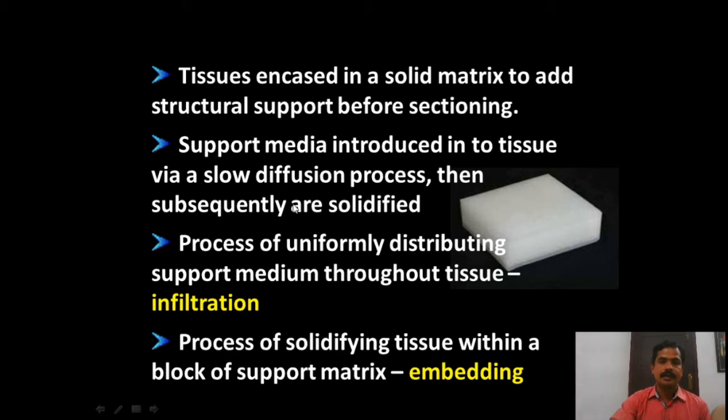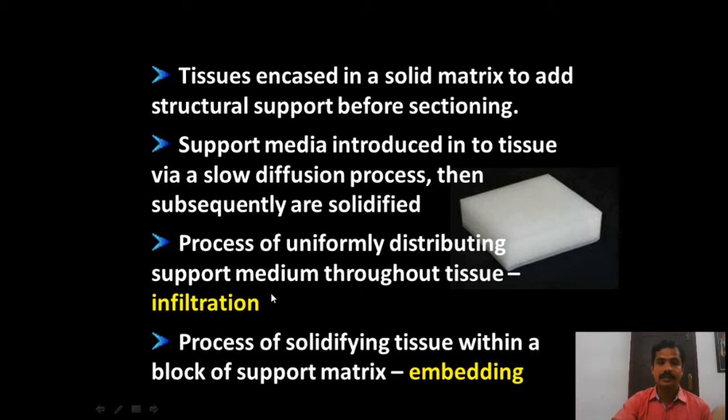So at the time of infiltration, the specimens are kept at a higher temperature, normally more than 50 or 60 degrees Celsius. The process of uniformly distributing the support medium throughout the tissue, between the cells and inside the cells, is known as infiltration.